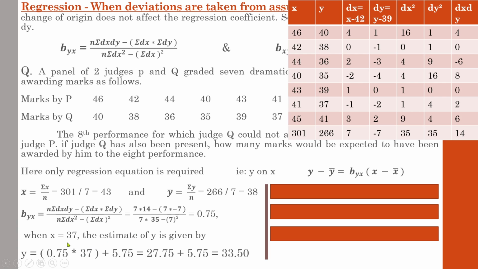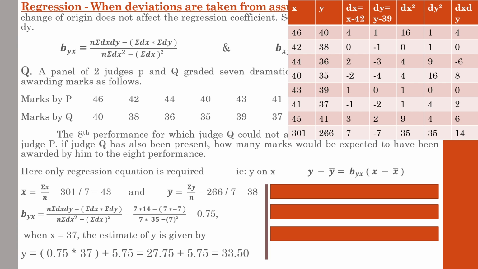I have gone directly into this part because I hope you know how to get this from this one. By substituting byx here and the means in the subsequent places, you can change this one into this one, y equal to 0.75x plus 5.75. So 0.75 into 37 plus 5.75, you will get 33.50.